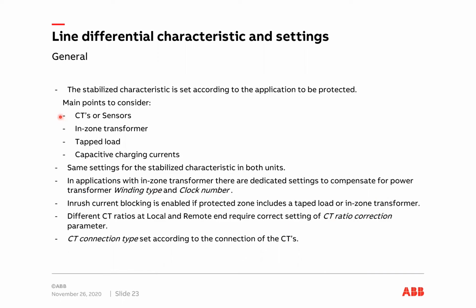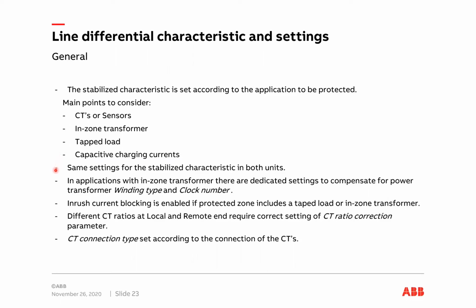Are we using CTs or sensors for measuring the current? Do we have an in-zone power transformer? Do we have a tapped load? In case of an underground cable, there might be considerably high charging currents, so we might also need to calculate how big the charging currents are.